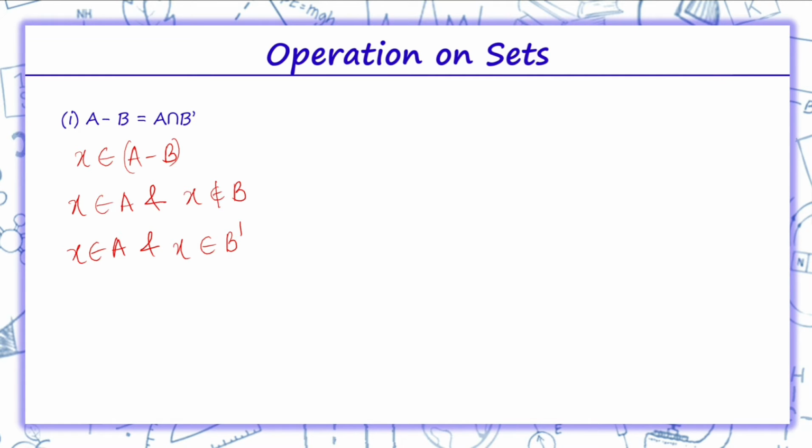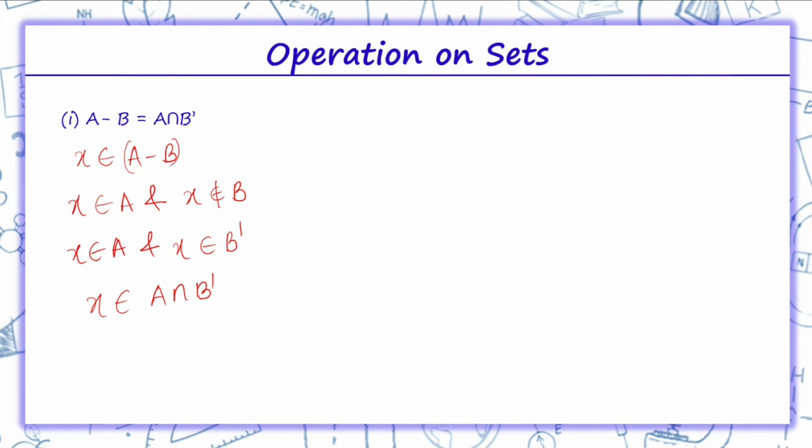As I explained in previous videos, the 'and' can be converted into intersection. So it can be written as X belongs to A intersection B complement.